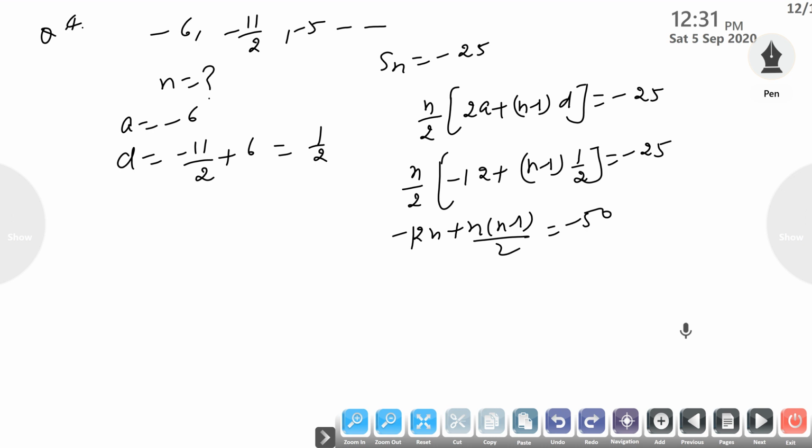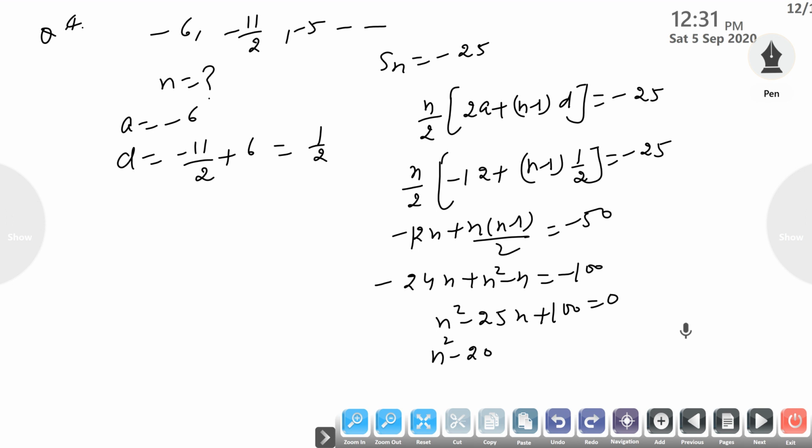Taking LCM as 2, we get minus 24n plus n square minus n, this is minus 100, and n square minus 25n plus 100 equal to 0. So by factorizing this, we get the value of n. n square minus 20n minus 5n plus 100 equal to 0.